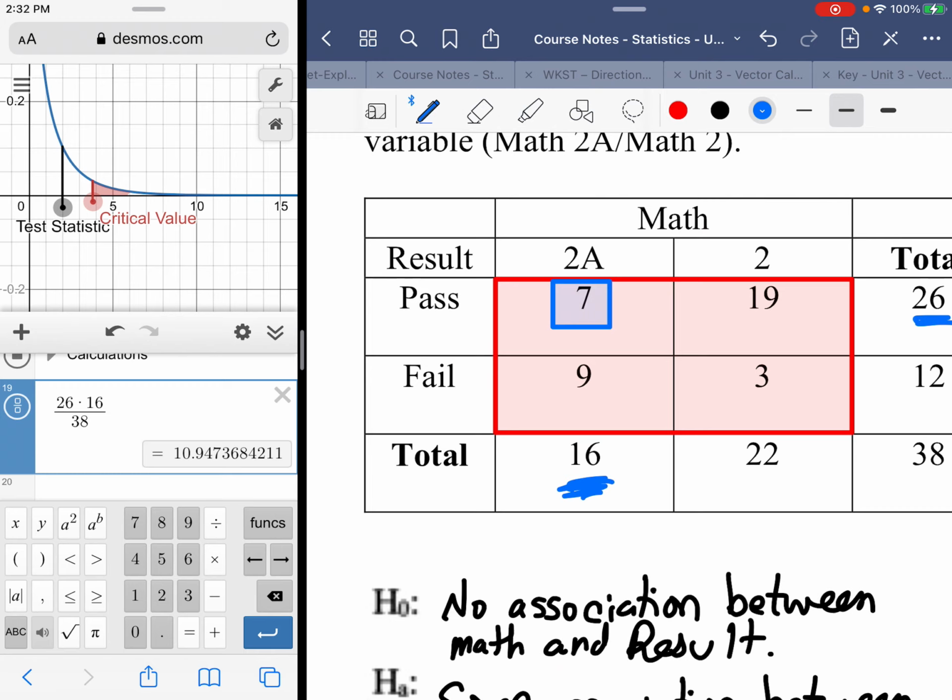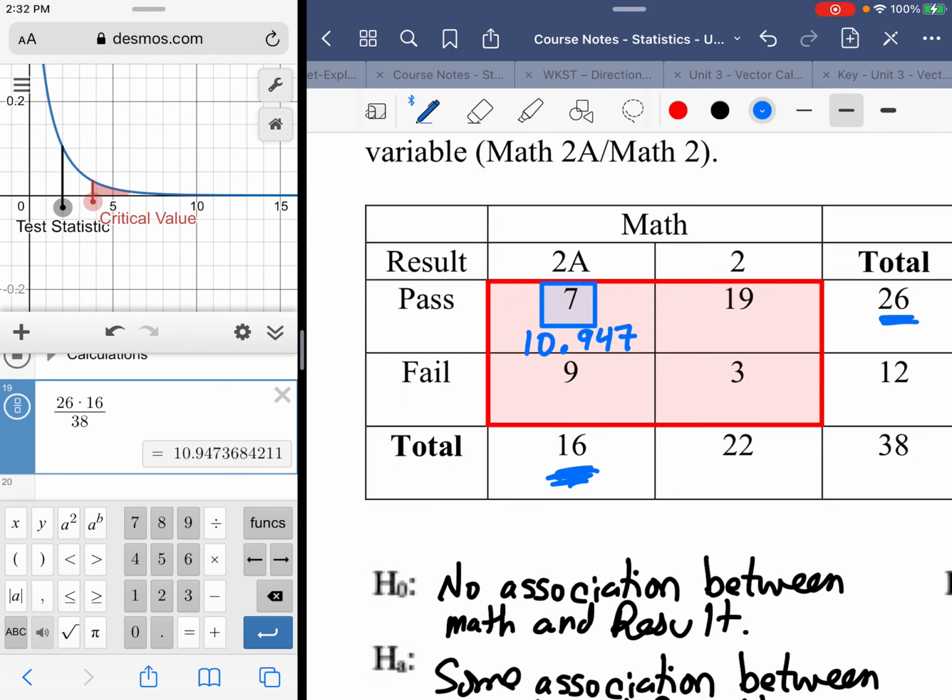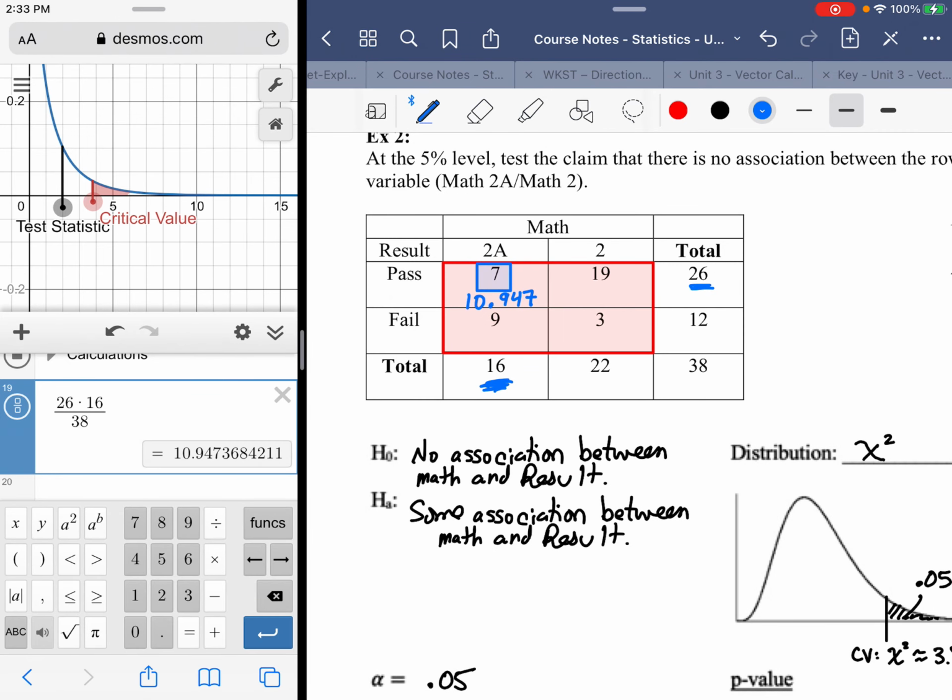We should have, to 3 decimal places, 10.947. The number they gave us is the observed. The number that we came up with is the expected.